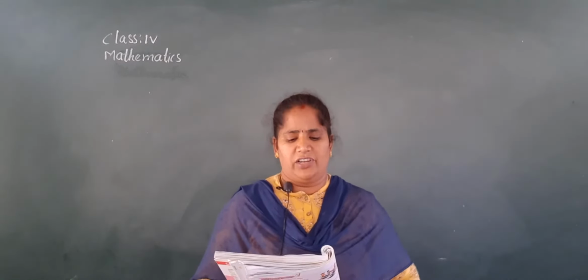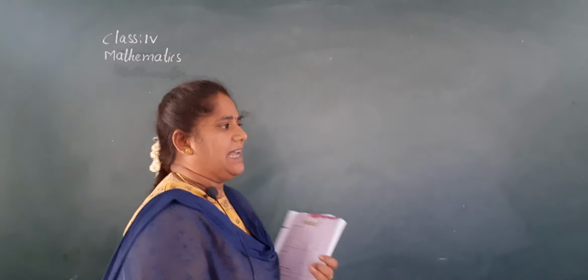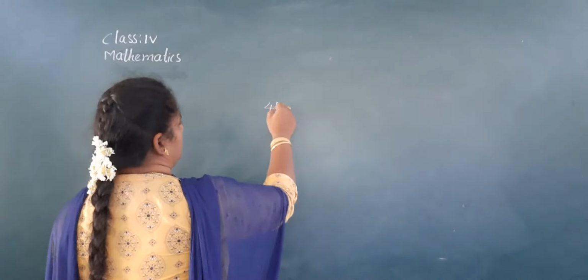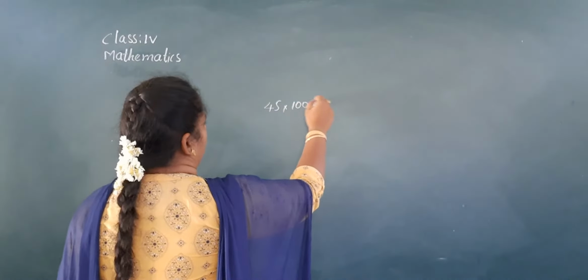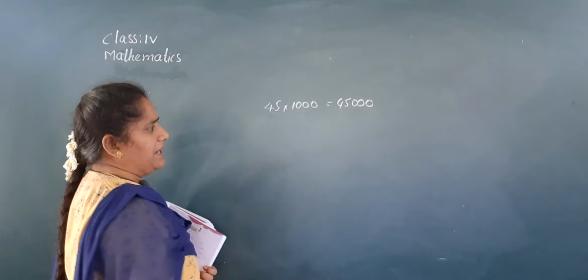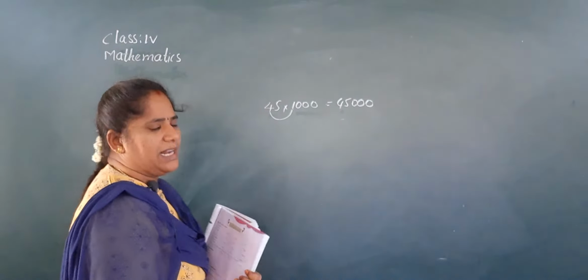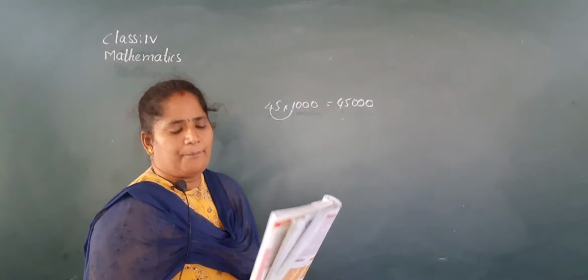Multiplication by 1000. If any number is multiplied by 1000, we write the same number and we keep 3 zeros to the right side of the product. 45 is multiplied by 1000, we write 45 ones are 45 and keep 3 zeros to the right side of the product.